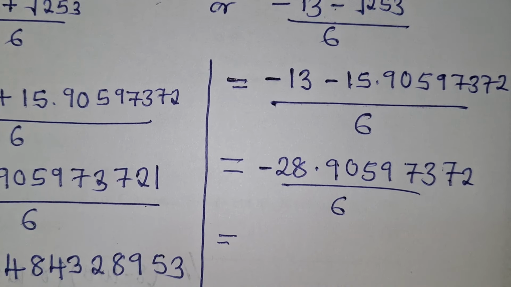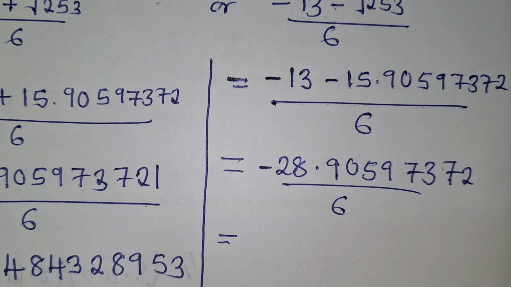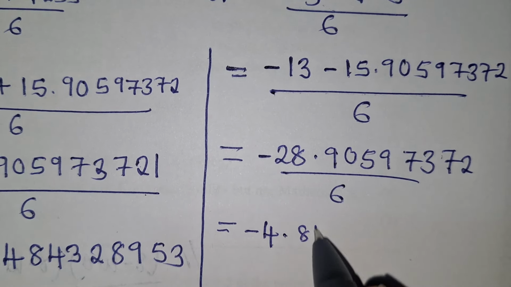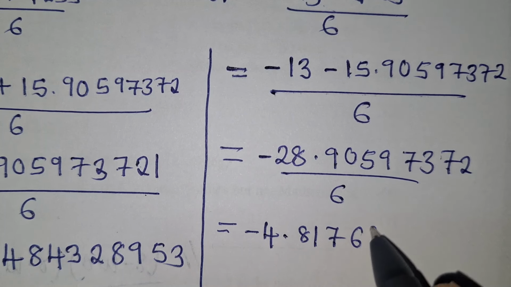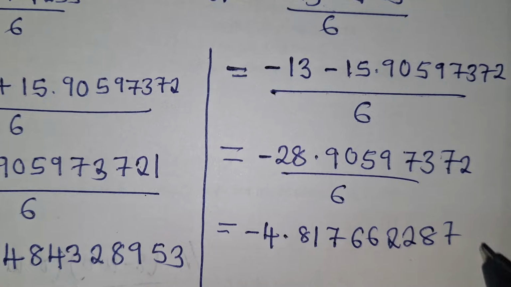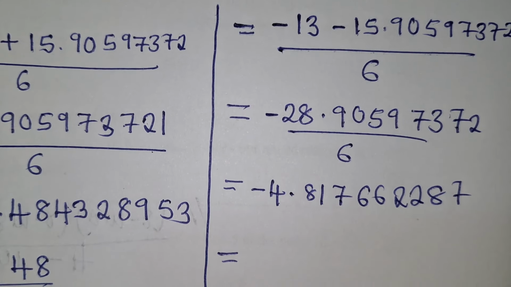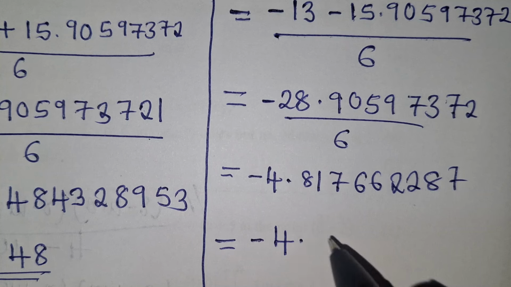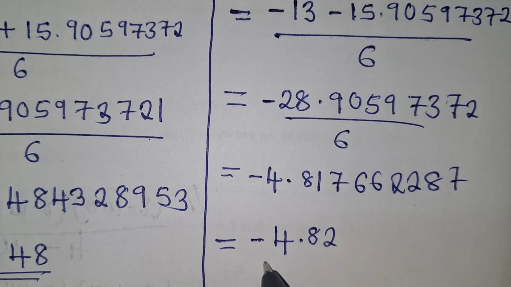So when we divide by 6, it's giving us negative 4.81766287. So writing our final answer in 2 decimal places, this will be like this.